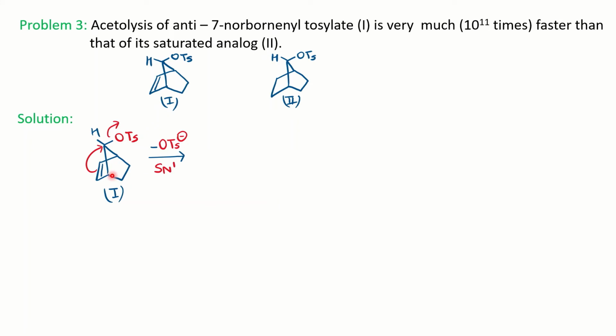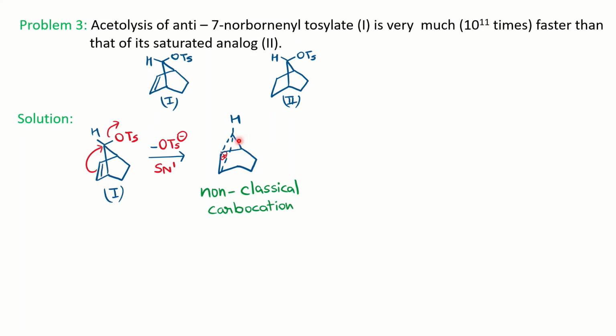because it is going to form a non-classical carbocation. So what is that? This pi bond is giving its electrons to this carbon, and it is releasing the leaving group, creating a carbocation which is delocalized over three centers, and two electrons are there.